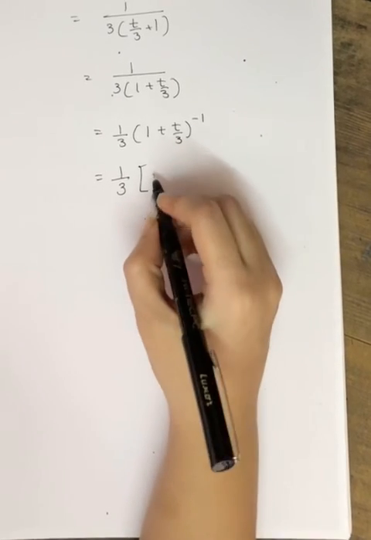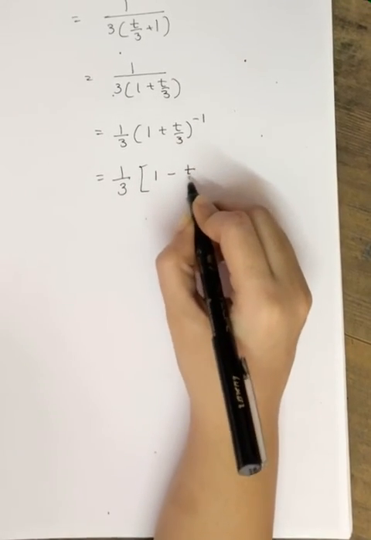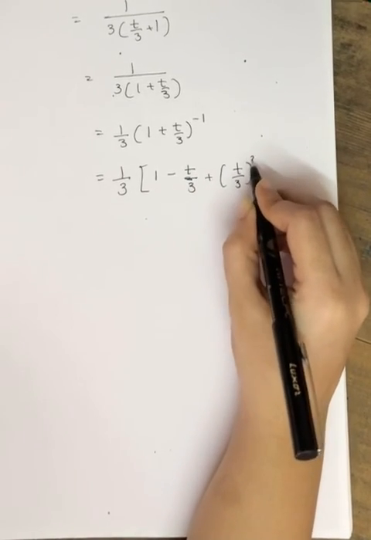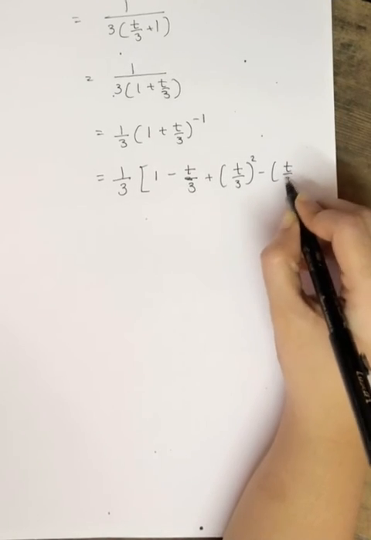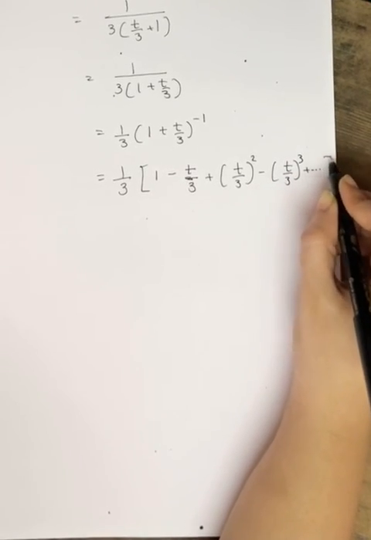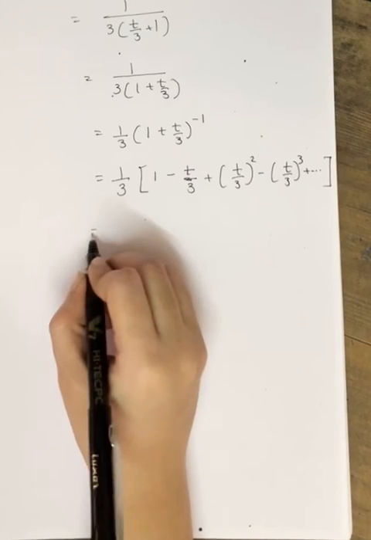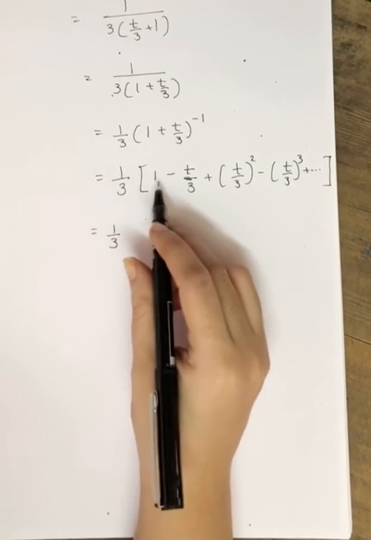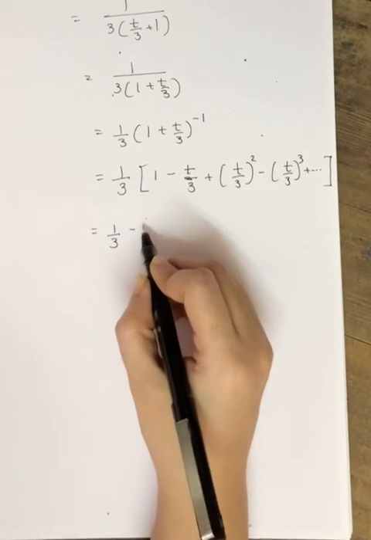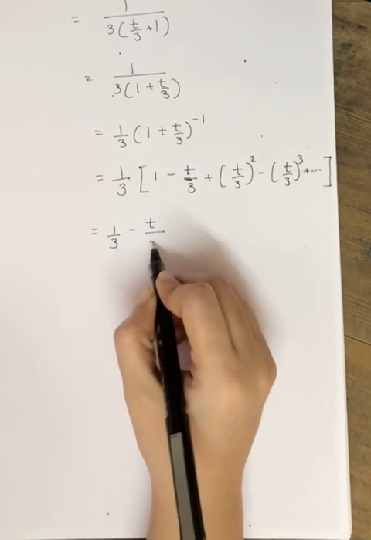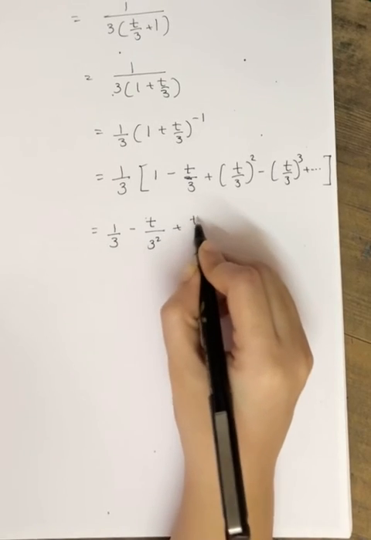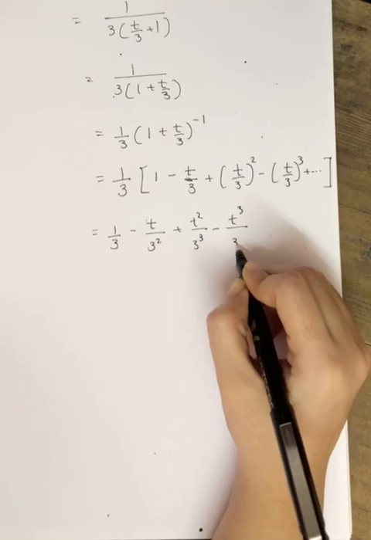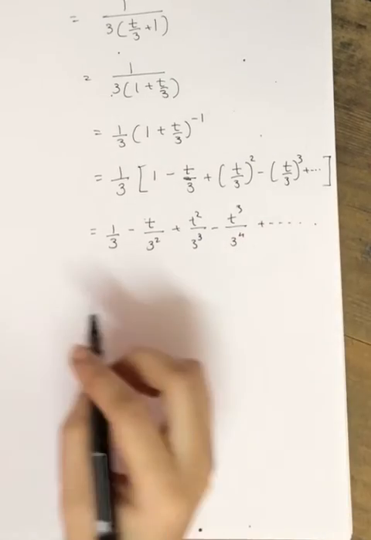So this will be 1 minus t by 3 plus t by 3 squared minus t by 3 cubed plus so on. So you just simplify. I am taking 1 by 3 inside, so this becomes 1 by 3 minus t by 3 squared plus t squared by 3 cubed minus t cubed by 3 to the power 4 and so on.